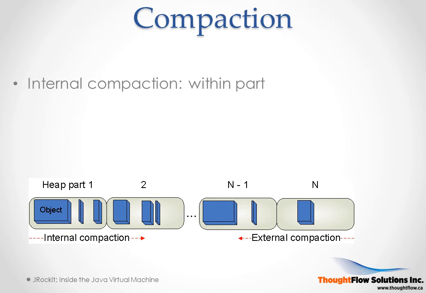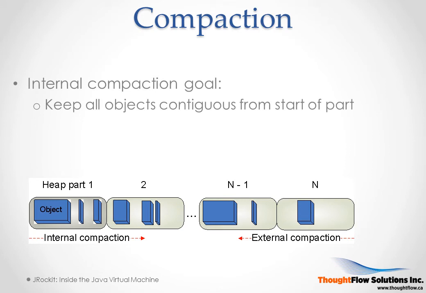We have two types of compaction. The internal type is something that is done within each part. The idea here is to compact within every part that you have. The goal of internal compaction, of course, is to keep all objects contiguous from the start of the part as tightly as possible, making it easy to allocate new memory.